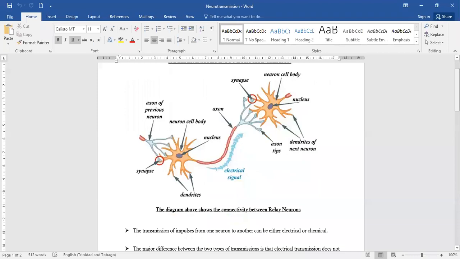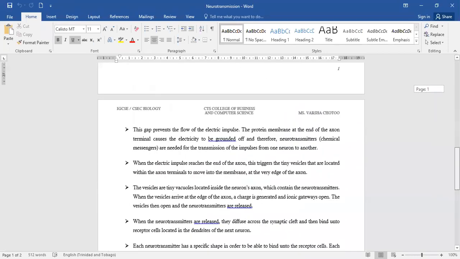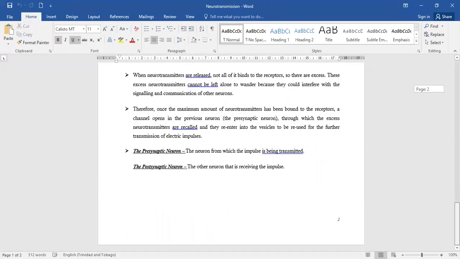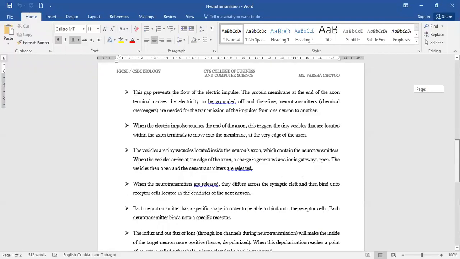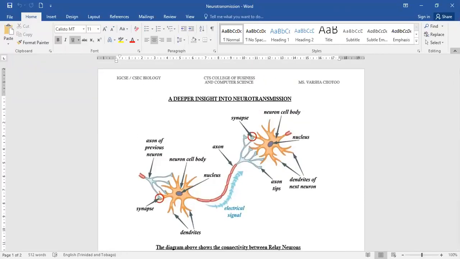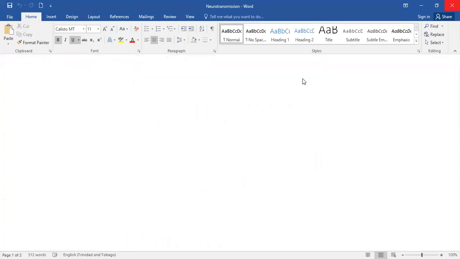This is a step-by-step process. It's a little bit more in-depth as well, about how neurotransmission occurs. So hopefully it will help you get further insight into neurotransmission. That will be sent to you as well.